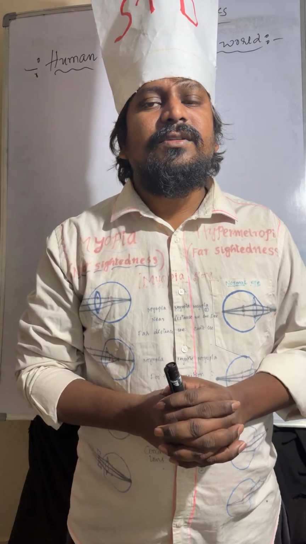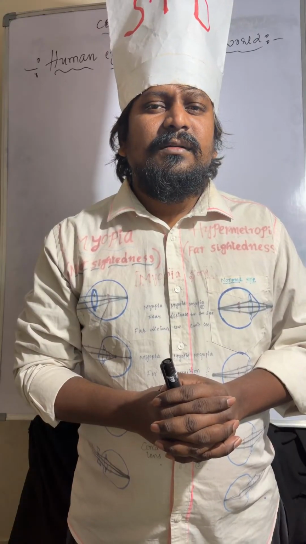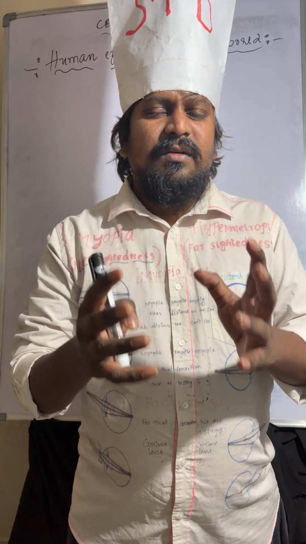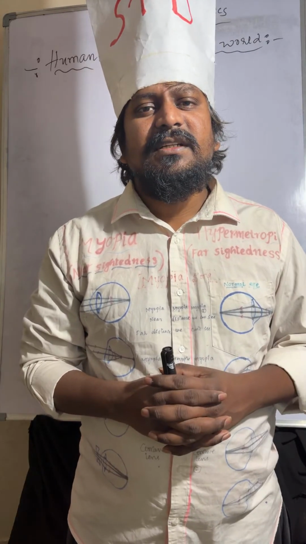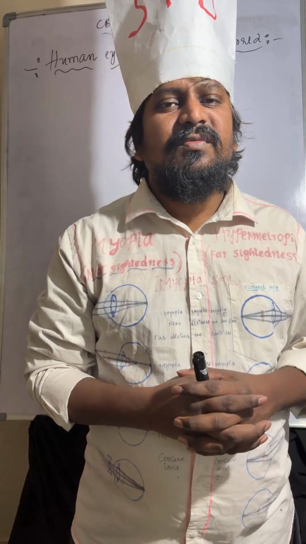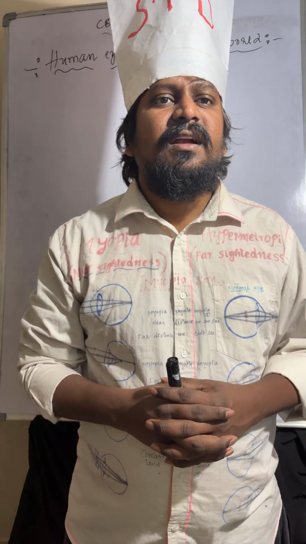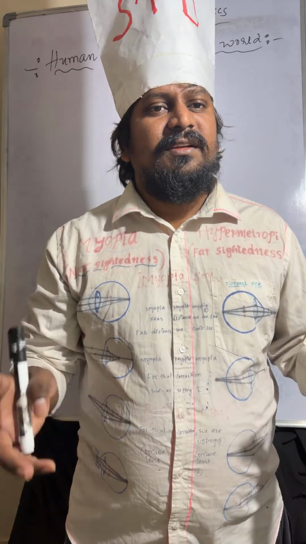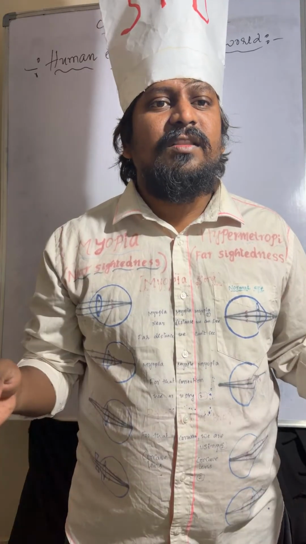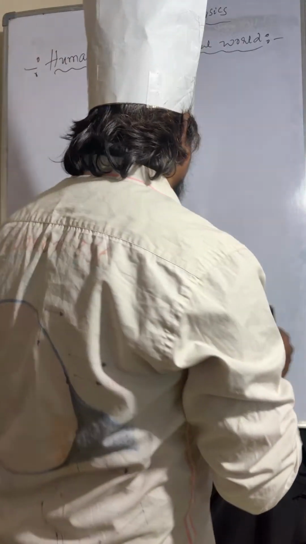After that, we will discuss refraction through a prism and rainbow formation, recombination of the spectrum of white light, atmospheric refraction, and scattering of light. We will discuss all those points. Let's start.